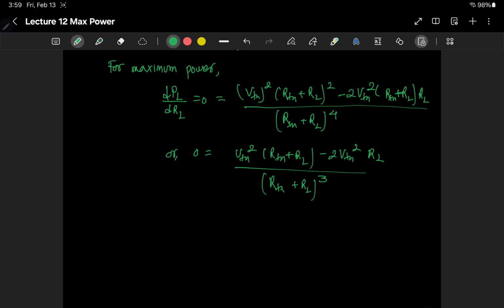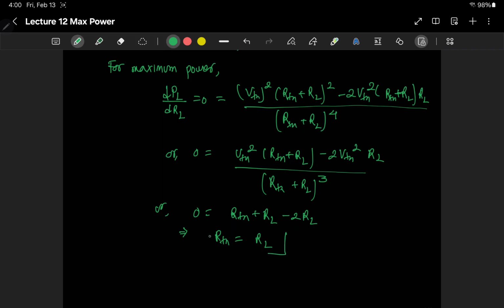So for this equation to be 0, we can see that this part needs to be 0, and that means we can cancel out VTH squared. That will give us 0 equals RTH plus RL minus 2RL, or basically that implies RTH is equal to RL, and that is our maximum power theorem.